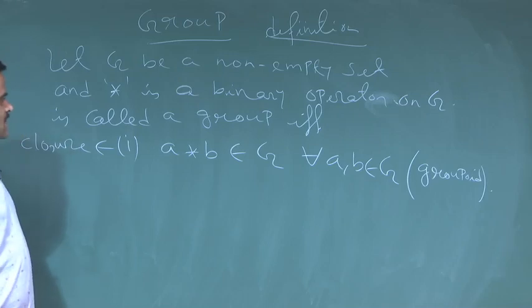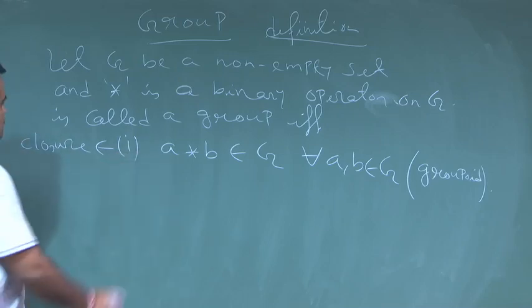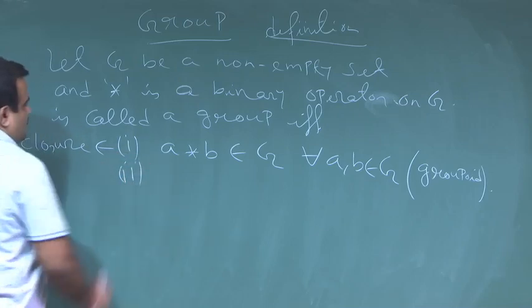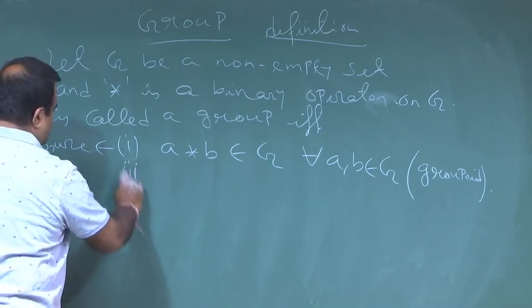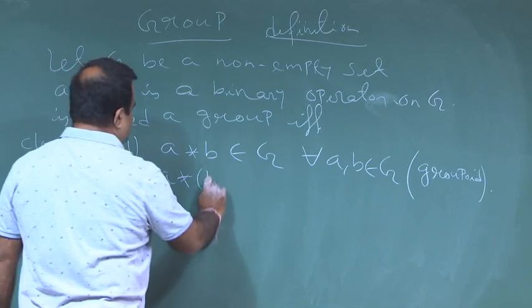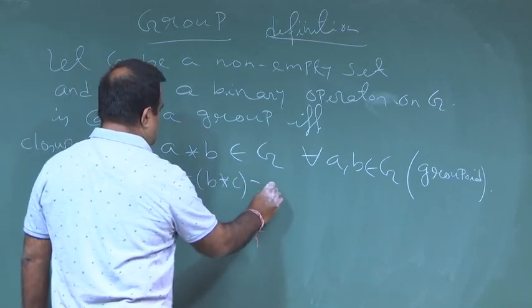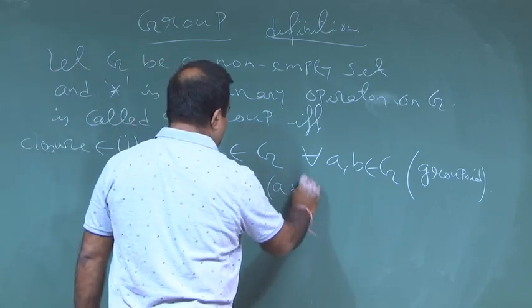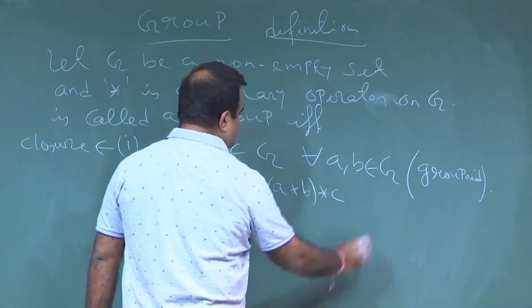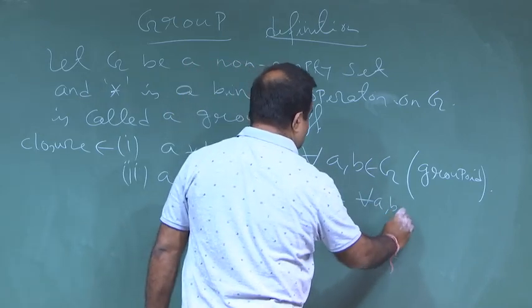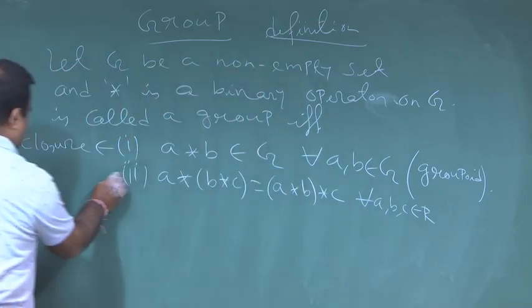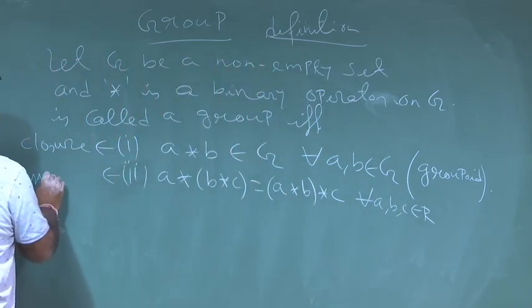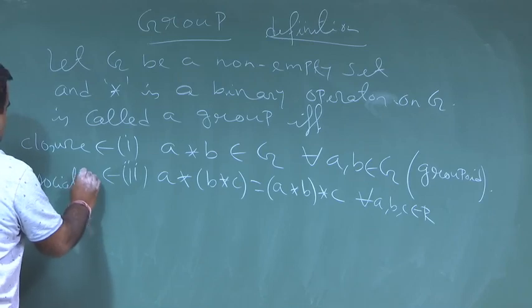Then it must be associativity: A star B star C is equal to A star B star C. This is true for all A, B, C. So, these two give us the associativity property.